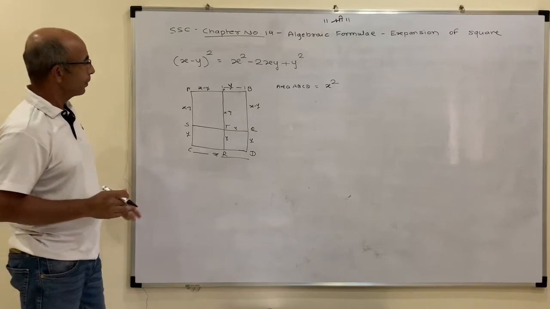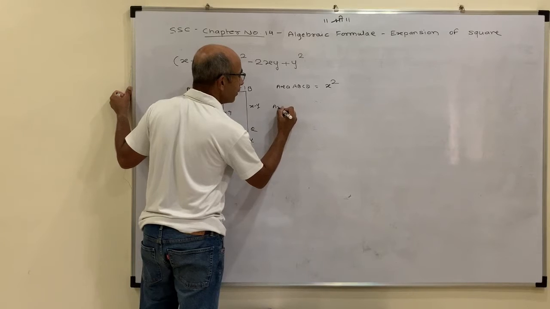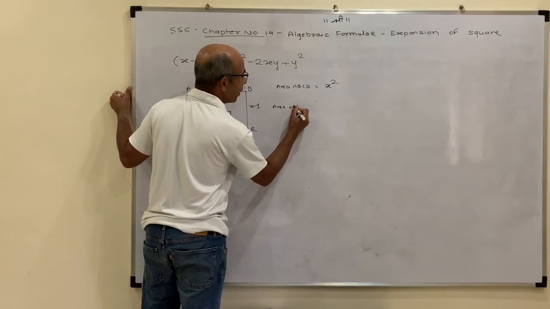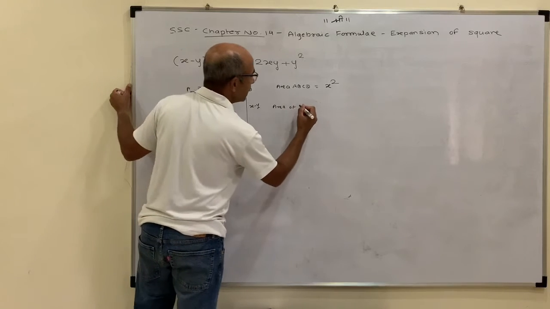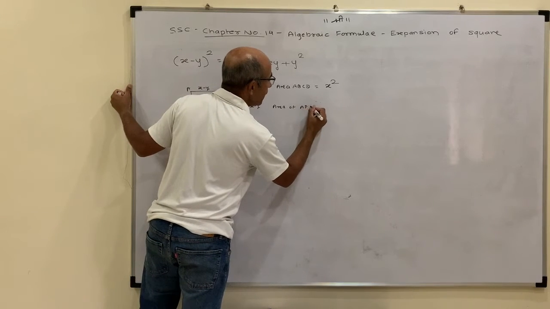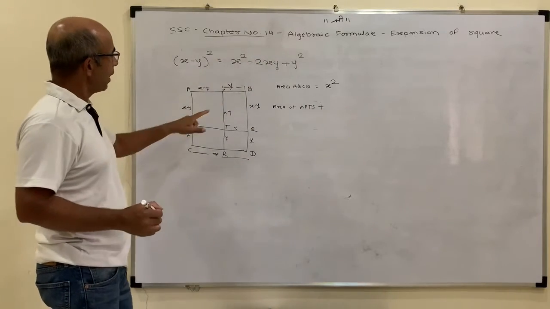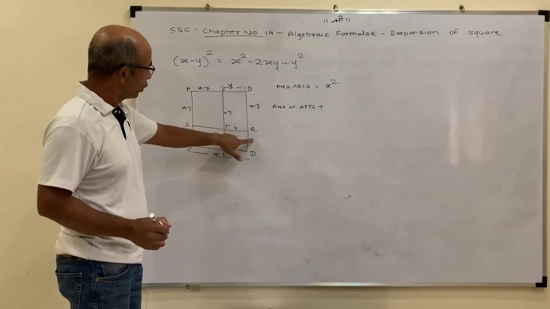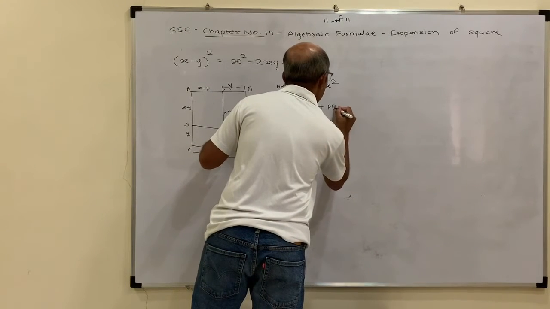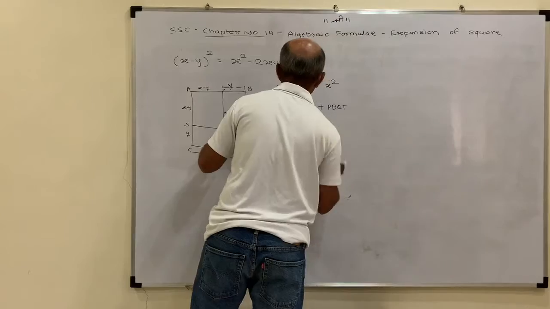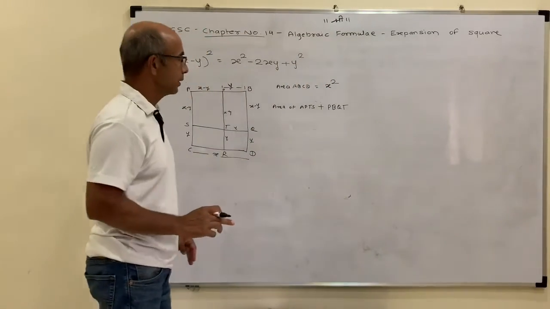Now area of square APTS plus area of PBQT, I'm not writing area of again, so you just understand this.